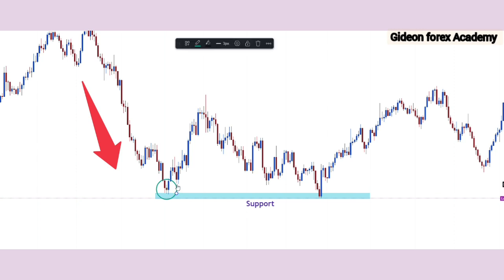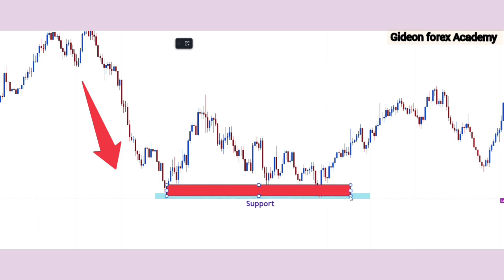You see this last candle here. There is this small red candle here before the bullish candle. That would be our order block. So we draw our rectangle. You can draw a rectangle or draw lines.